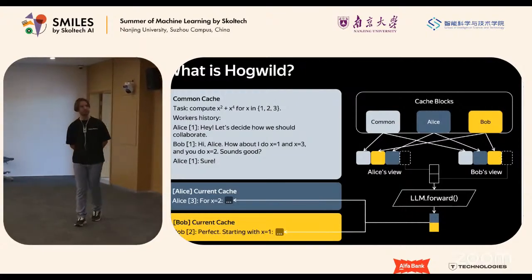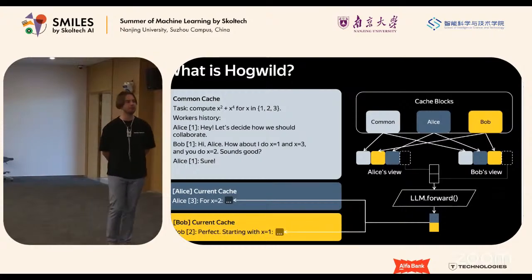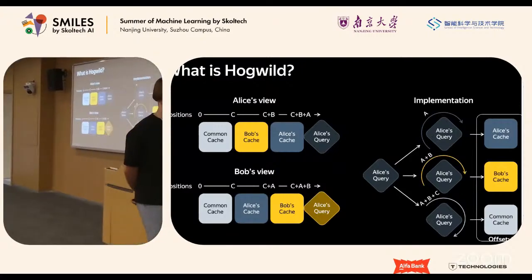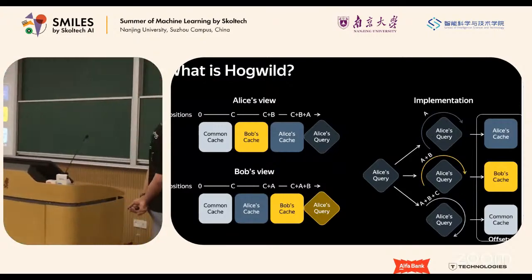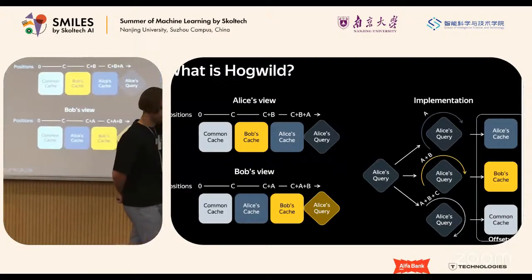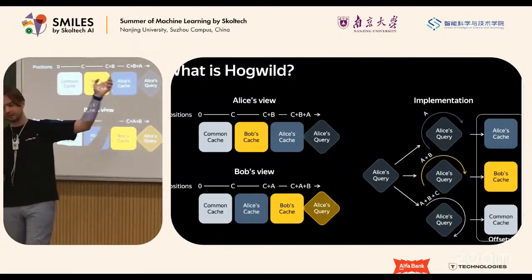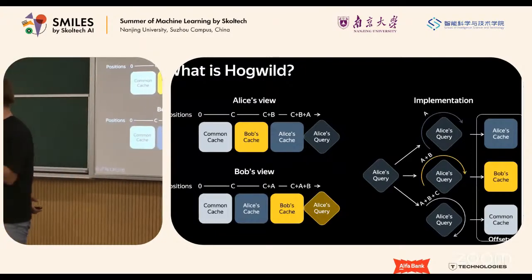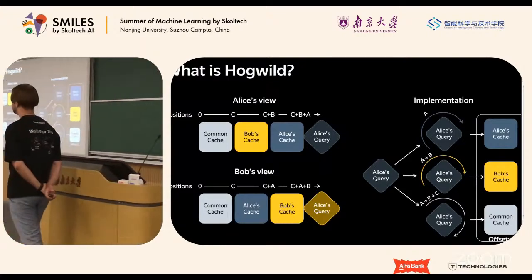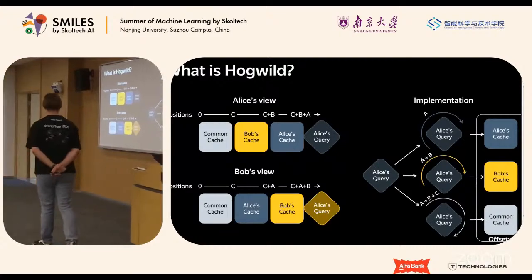And then using some inference trick, you can make them appear from Alice's perspective in order: common cache, Bob's cache, Alice's cache. And then this part of the batch will generate Alice's token. And for Bob, you can arrange them in a different order, common, Alice, Bob, and the output will be Bob's token.